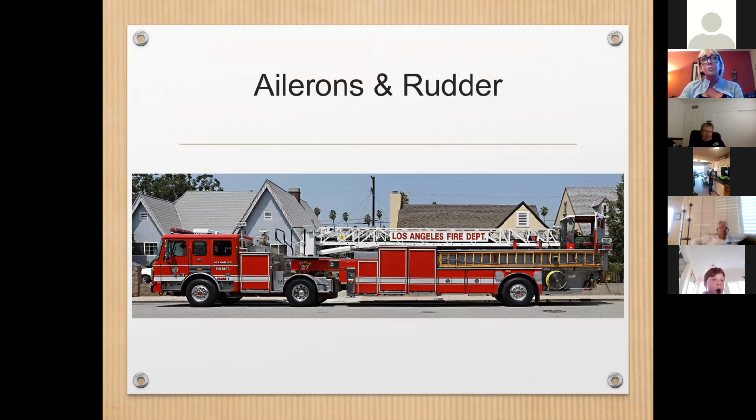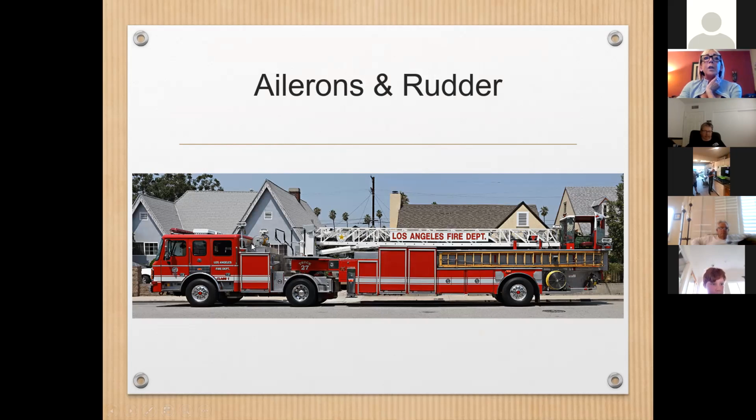This is the way I like to describe ailerons and rudders. The ailerons are the first fire truck driver, and the rudder is the guy in the back here.